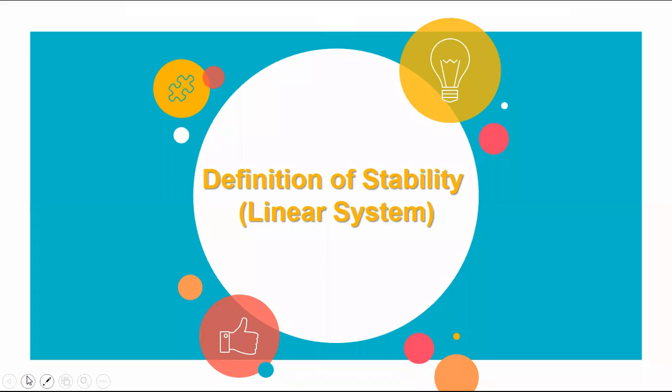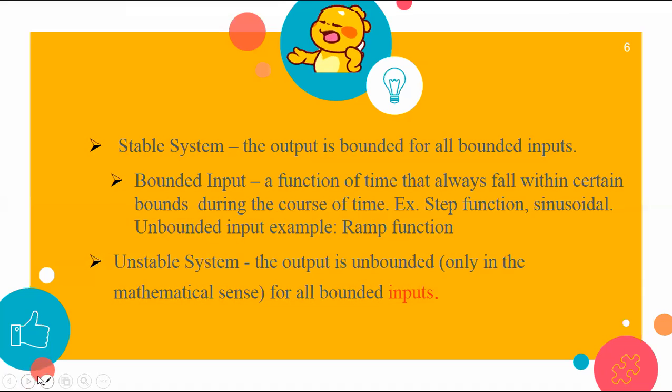Now, before we do the test, because the test is very easy, let's define as fundamental what stability is, or how we define that a linear system is stable. A stable system is said to be having bounded output for all bounded inputs.